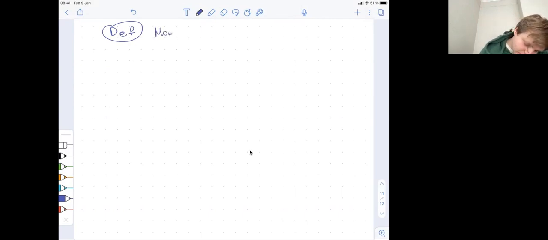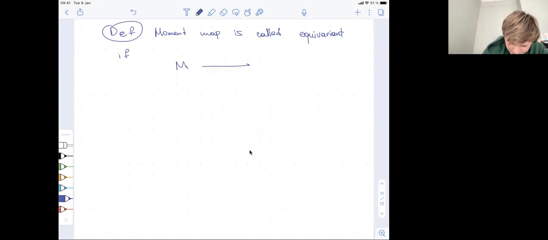A moment map is called equivariant if the following diagram commutes. You have your symplectic manifold M, and a map to G star given by the moment map.